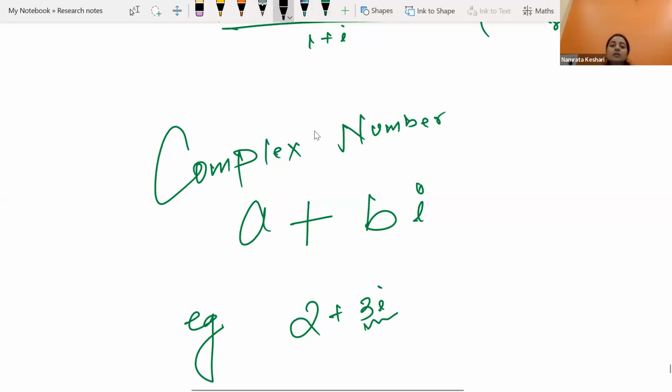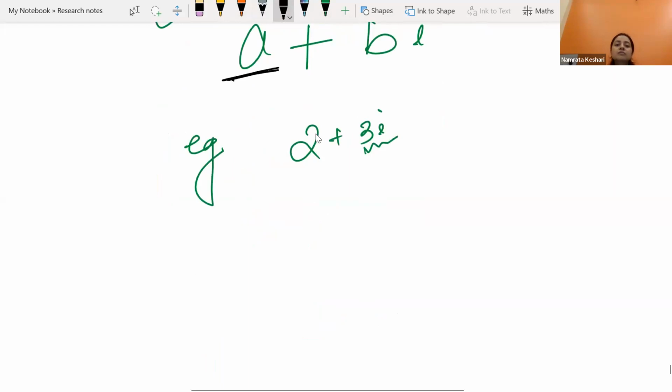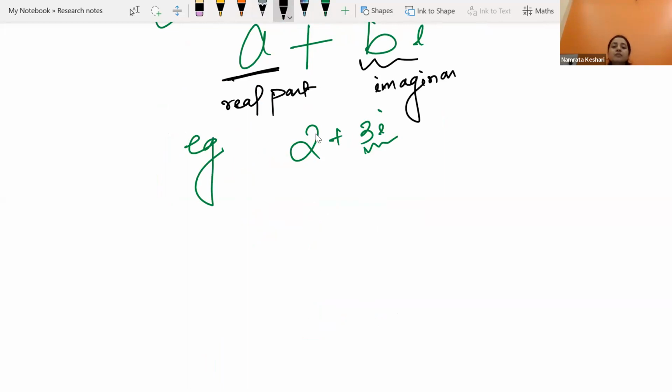Here this a is called the real part. a will always be a real number, and b, which is attached along with i, is called the imaginary part. b will also be just a number, but we call it the imaginary part because it is multiplied with i.